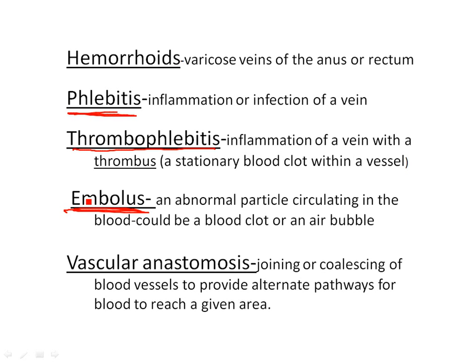You also have what's known as vascular anastomosis, and that's not necessarily a problem, but I just threw it in here at the end. This is where you have joining or coalescing or merging of blood vessels to provide alternate pathways for blood to reach a given area. So you would naturally think that you're going to have lots of anastomoses in the brain, the kidney, and the heart, because if one area gets blocked off, you want to have some alternate routes for the blood to get around that.